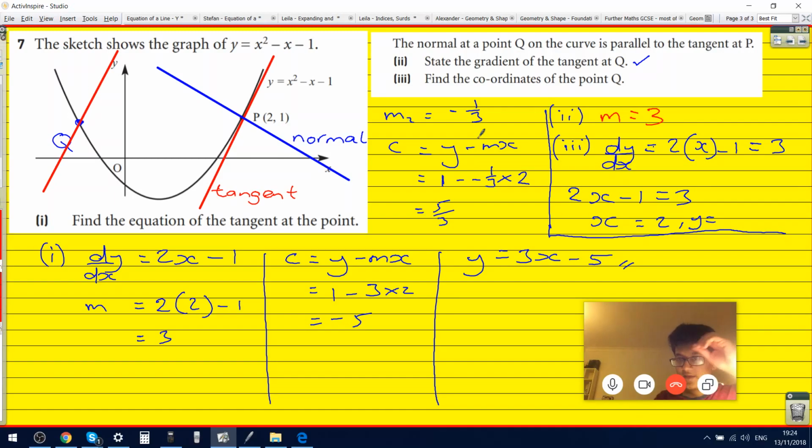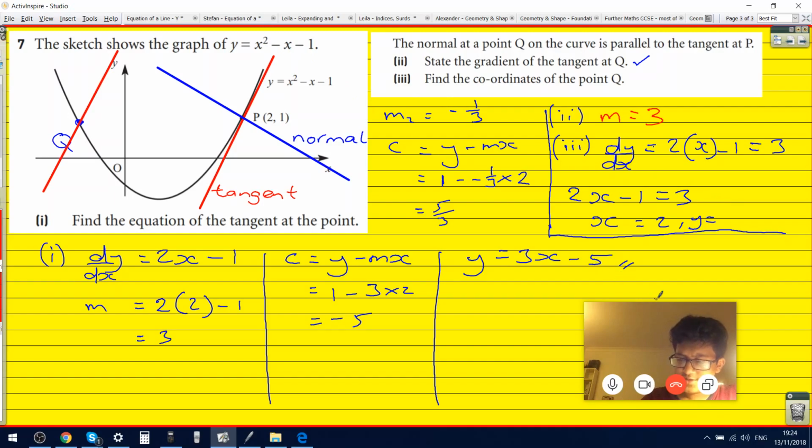The curve is y equals x squared minus x minus 1. So y equals 5 squared minus 5 minus 1. That would give us 19. So the coordinates would be 5, 19.